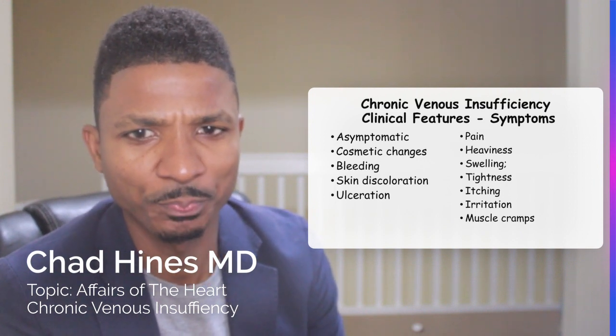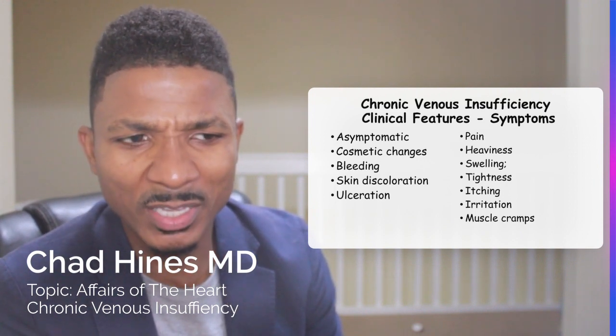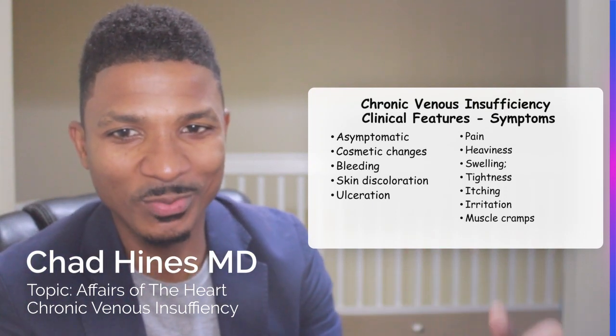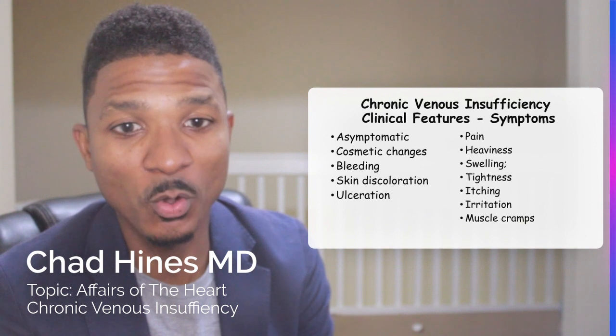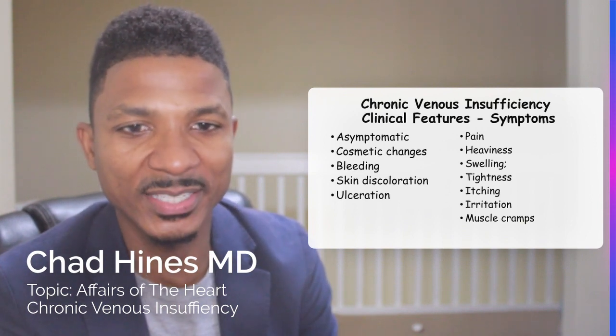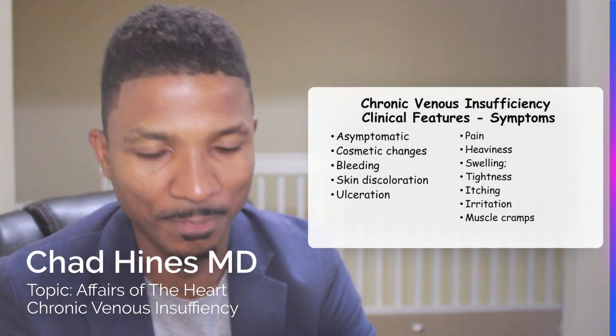The area may not even have veins, but you can notice there's a darkening around the leg, on both legs, and then in advanced cases the skin breaks and an ulcer forms.